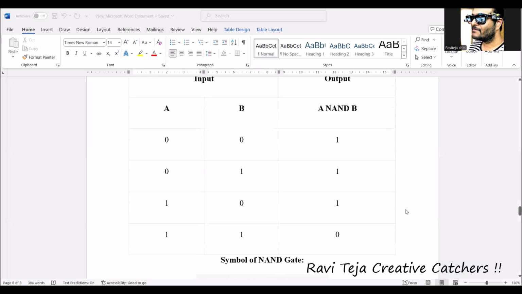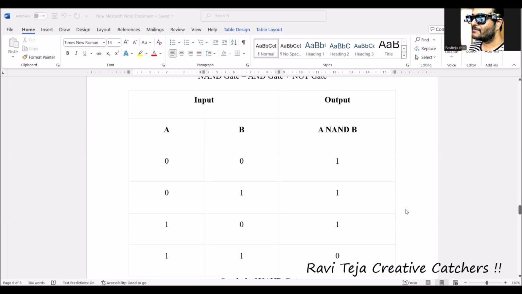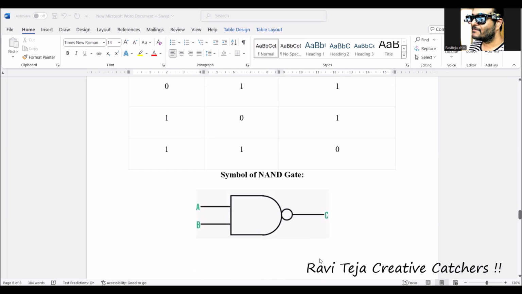Coming to the truth table, again we take the combinations 0 0, 0 1, 1 0, 1 1. The inputs 0 0 will give us 1, the inputs 0 1 will give us 1, the inputs 1 0 will again give us 1, and the inputs 1 1 will give us 0. Okay, so this is the truth table of a NAND gate.